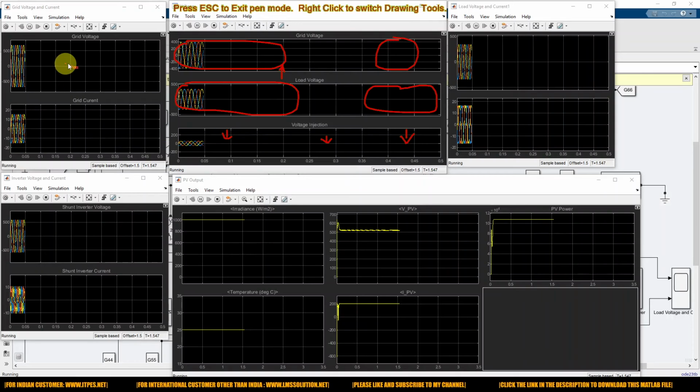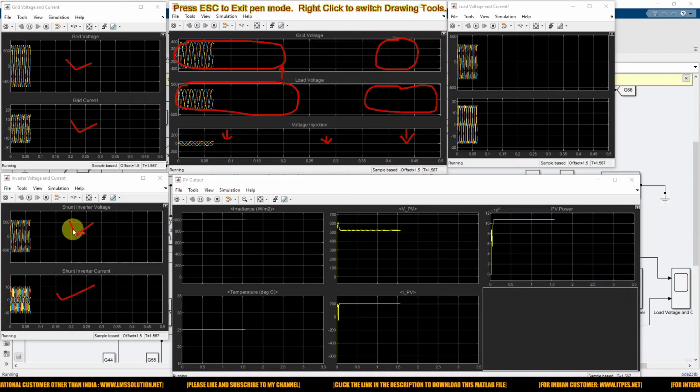And then here you can see the grid voltage, grid current, shunt inverter voltage and shunt inverter current, right? So this is the shunt inverter, or shunt converter, voltage and current. This is the injected current into the system in order to make the grid current sinusoidal.